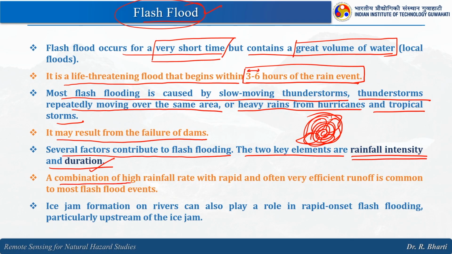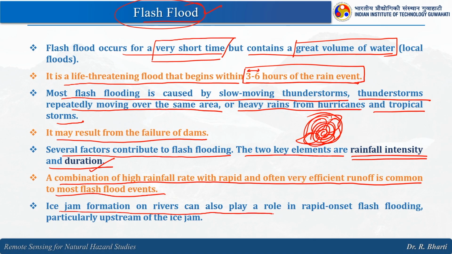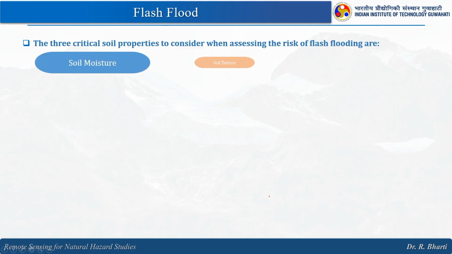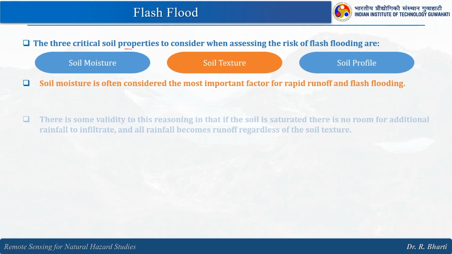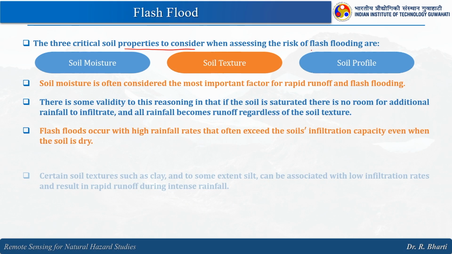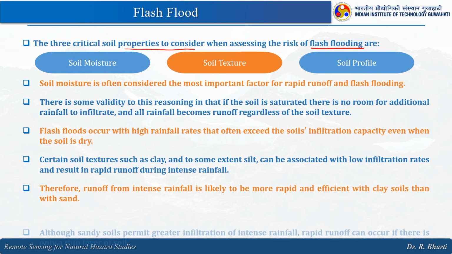A combination of high rainfall rate with rapid and often very efficient runoff is common to most flash flood events. Ice jam formation on rivers can also play a role in rapid onset flash flooding, particularly upstream of the ice jam area, right.